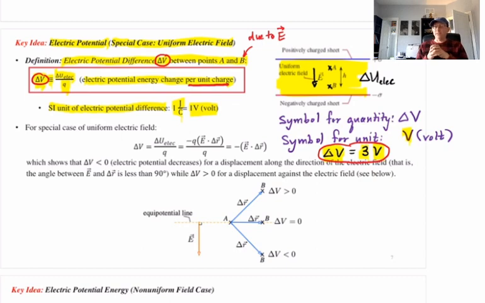Although you're more likely to hear them just say the voltage is 3 volts. What they really mean is the potential difference between 2 points is 3 volts. Potential difference is the quantity. Volt is the unit of that quantity.